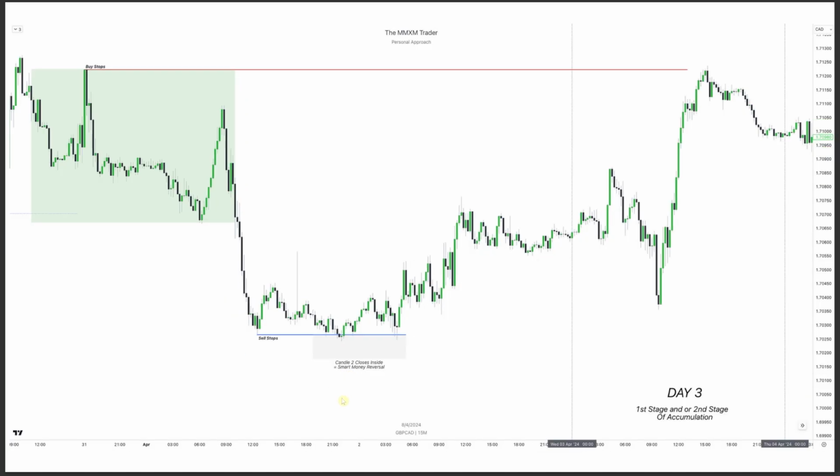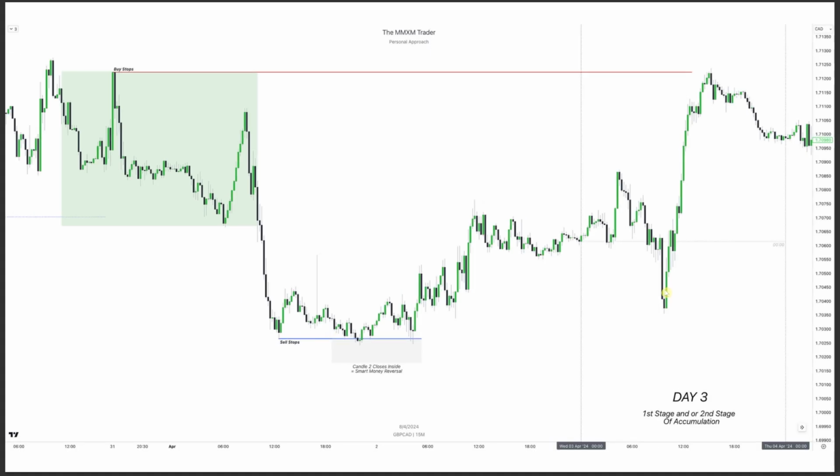After that, we want to focus on day number 3, which is either first stage and/or second stage of accumulation for buy side of the curve. Importantly, we wait for the second candle to close inside of the range, and then we focus on the third day.